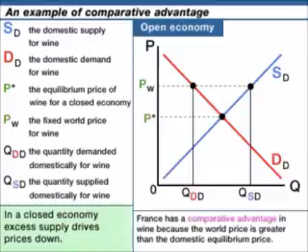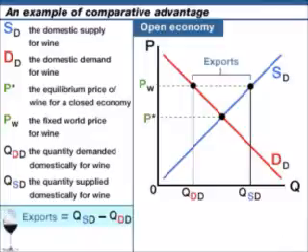But because we have an opportunity to trade internationally, this higher price for wine does not give us an excess supply, but rather gives us a lot of extra wine that can be exported. The difference between domestic consumption of wine and domestic production at this high price becomes France's export volume. That is, the difference between the two is the quantity of wine exported.